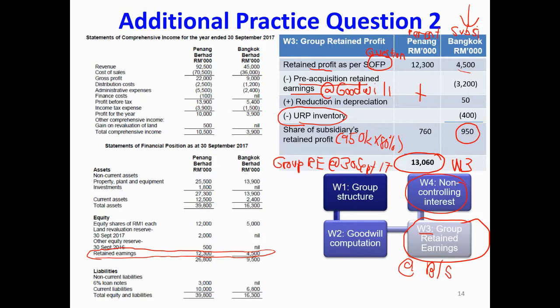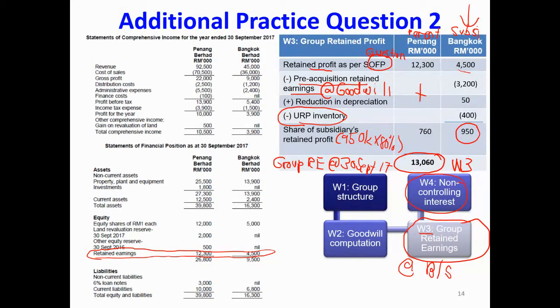Okay, if you refer to your textbook or other books, you can see that there are different ways to calculate retained profit. If you want to try another way, also can, as long as you get the same figure for the group retained earnings as at 30th September 2017.